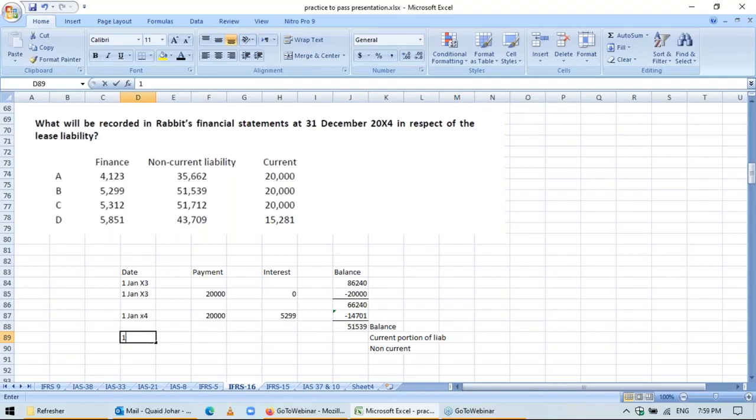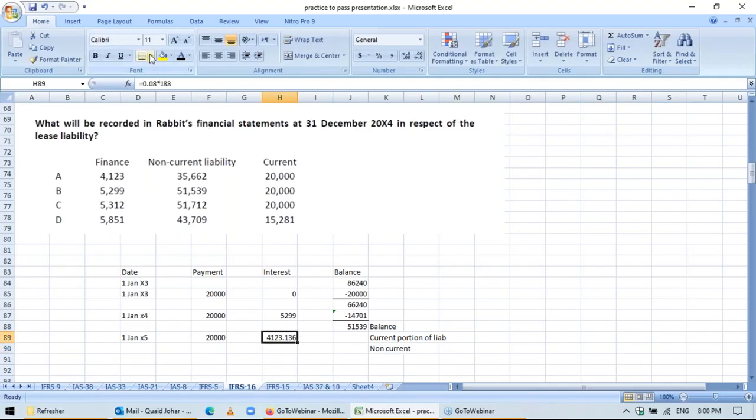So on 31st December 2004, you will see that on 1st January 2005, which is within a day, you are paying 20,000 more, and that 20,000 will include an interest of 8% on 51,539, which is 4123.